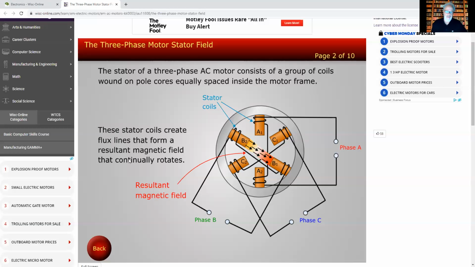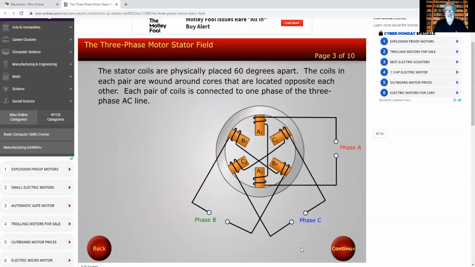Now, because current is going to flow through these wires, it's going to create an electromagnet, and each one is going to have a magnetic field. So he's showing these three stator coils creating flux lines that form a resultant magnetic field that continually rotates. Let's look at the next one.